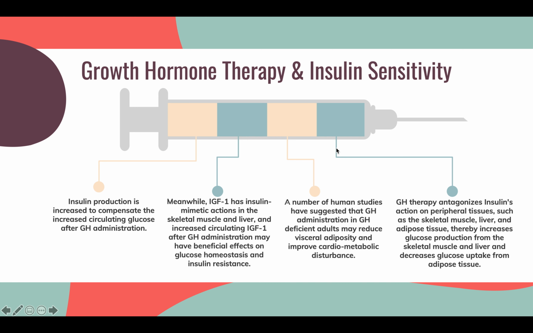So in this slide, I will be discussing growth hormone therapy and insulin sensitivity. Growth hormone therapy is known to antagonize insulin's action on peripheral tissues such as the skeletal muscle, liver, and adipose tissue, thereby increasing glucose production from the skeletal muscle and liver and decreasing glucose uptake from adipose tissue.